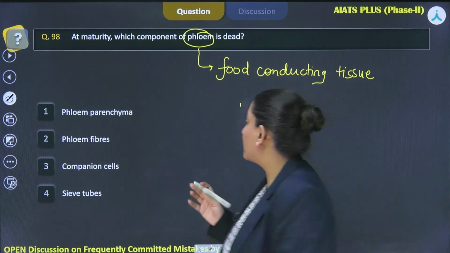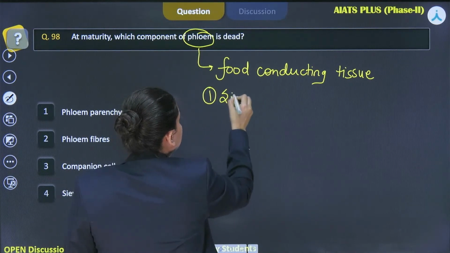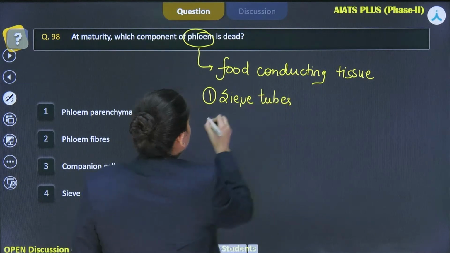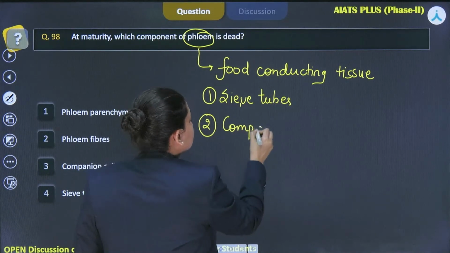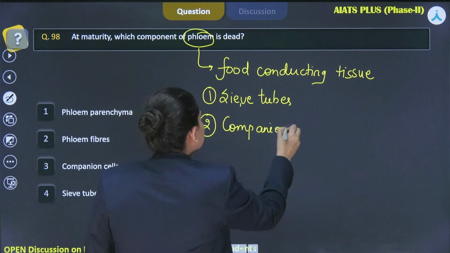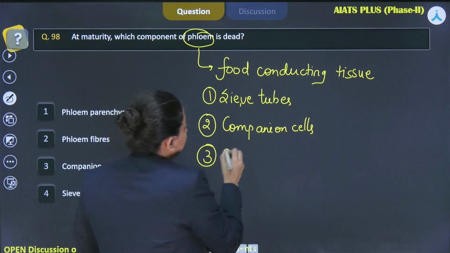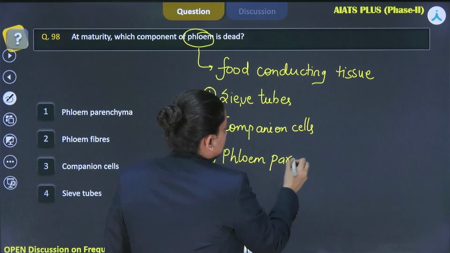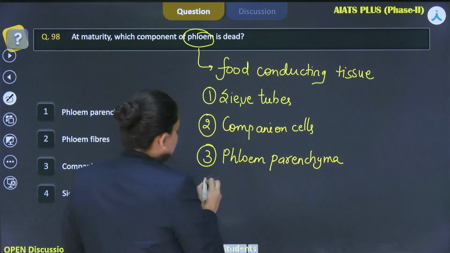So phloem has 4 components. The first one is the sieve tubes. Another one we have is companion cells. Then we have phloem parenchyma. And then we have phloem fibers.